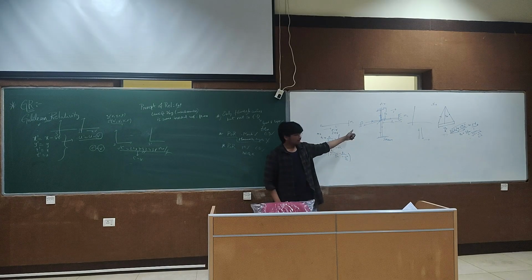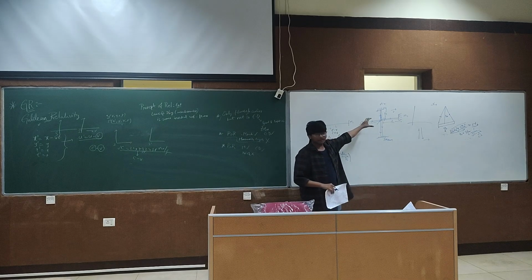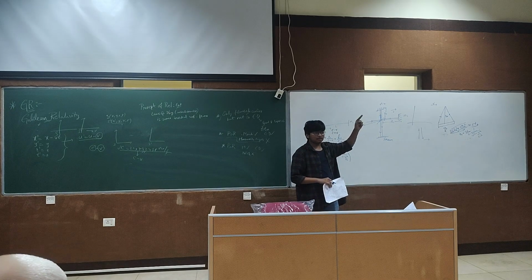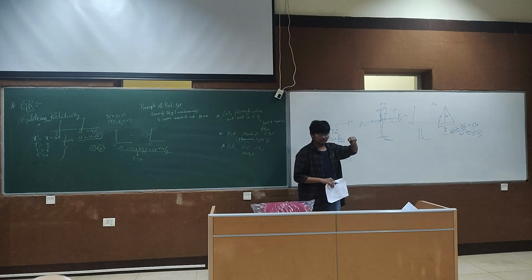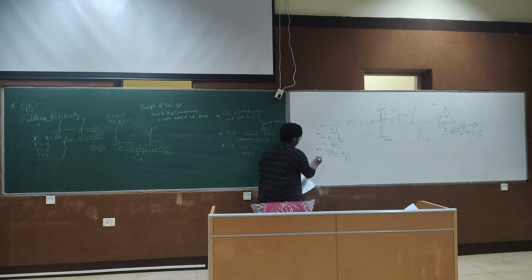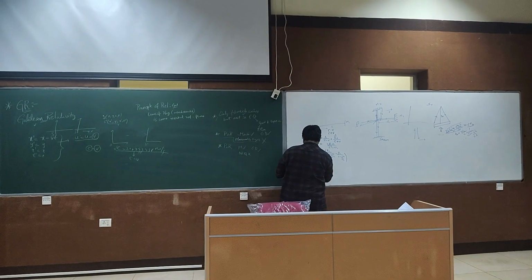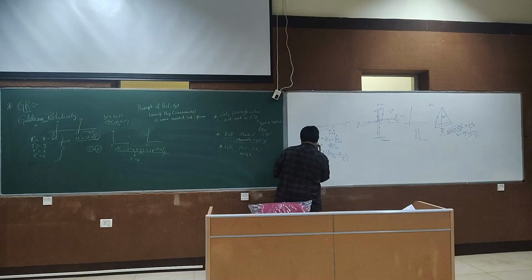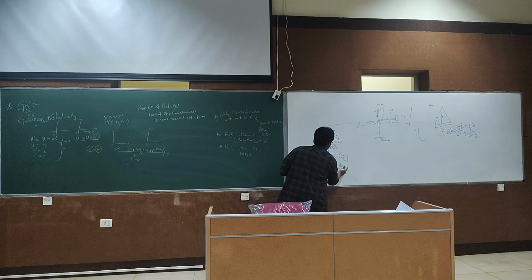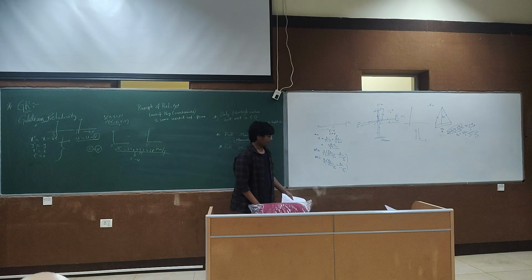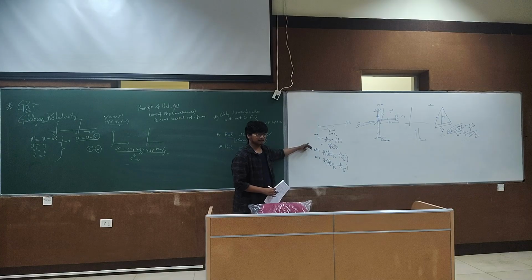Now what they did is to rotate the whole apparatus by 90 degrees. So L1 becomes L2, L2 becomes L1. You get it? So while doing this, you get it as L1 by root over 1 minus v square by c square, minus L2 by 1 minus v square by c square. Now you take the difference of these times.